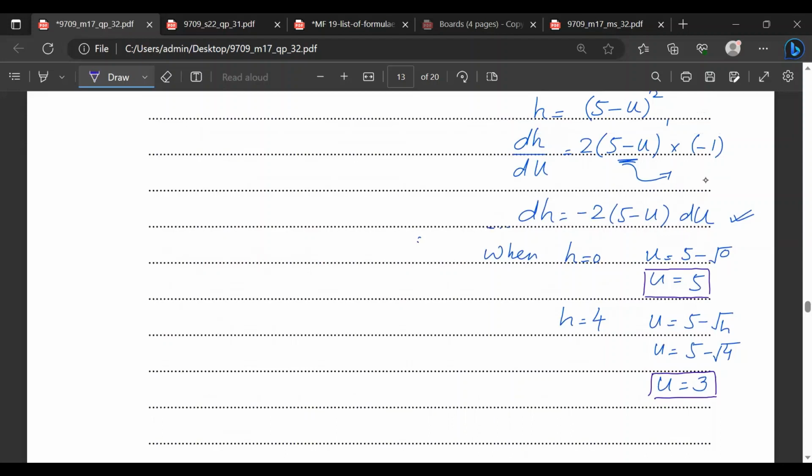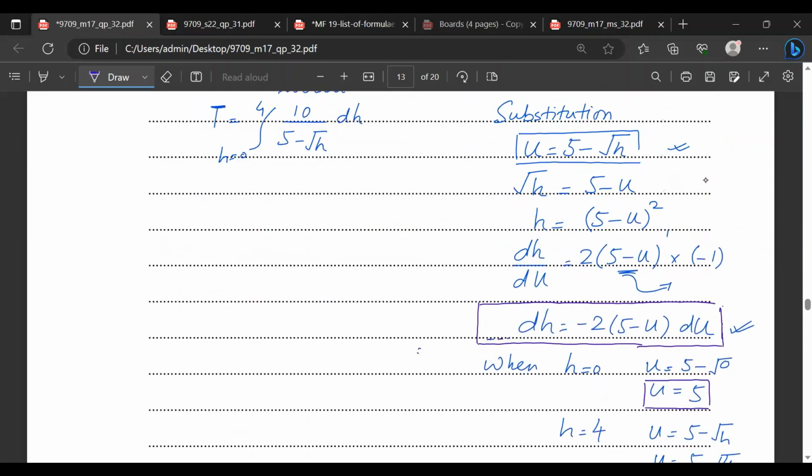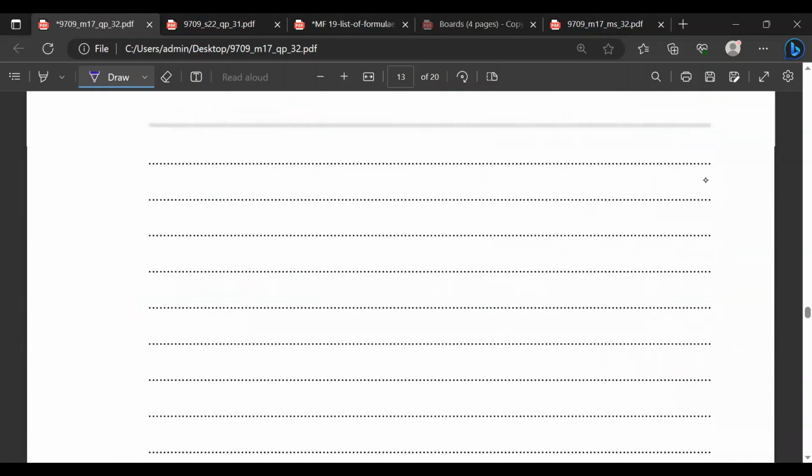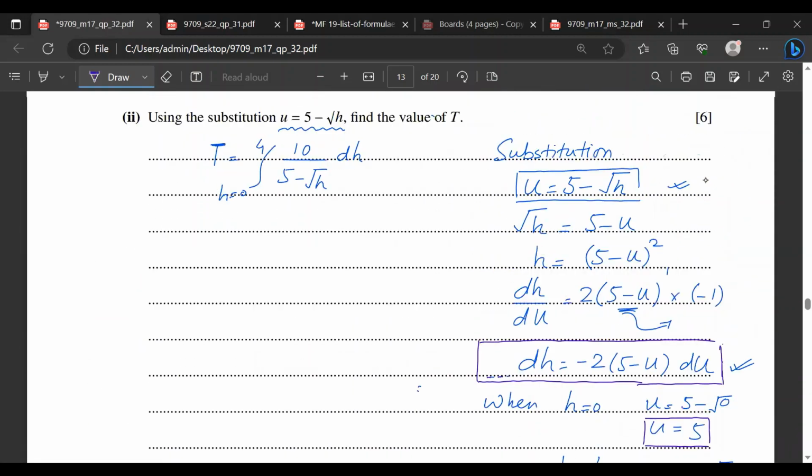And here dh can be replaced by minus 2 (5 minus u) du. After this substitution, let us change the variable here.